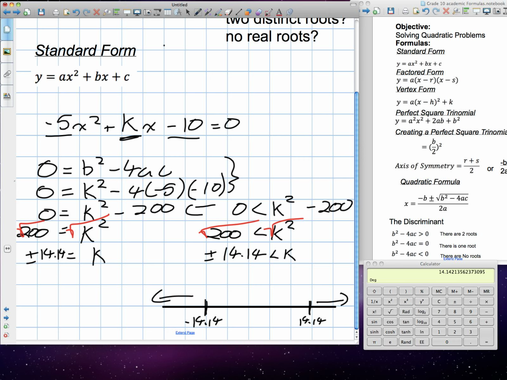That's the idea behind this. Okay? So there are actually 2 different ranges here because we're going for any number. If we plugged 15 in, 15 squared would have made a number larger than 200, and we would have had a positive number. Or negative 15 squared would again make a number larger than 200.